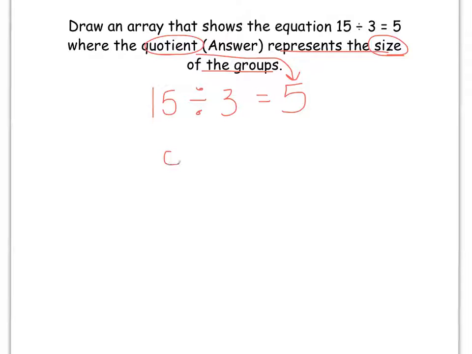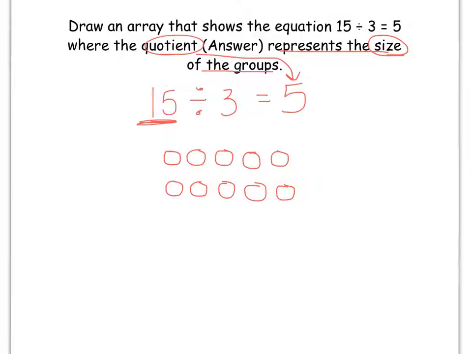So 1, 2, 3, 4, 5. So there's one group, and I have to count up to have a total of 15 counters. 6, 7, 8, 9, 10.